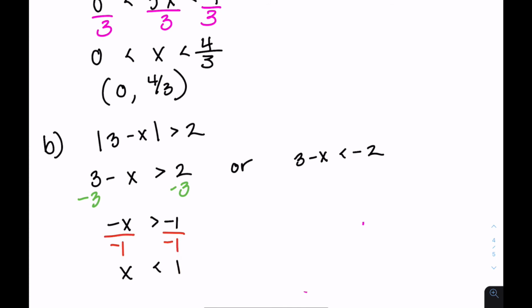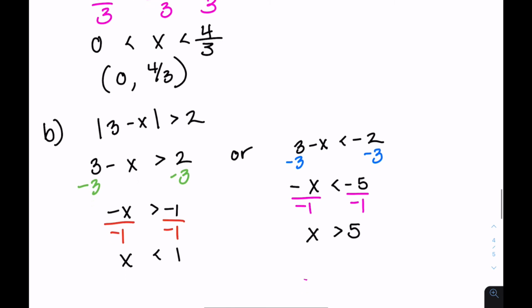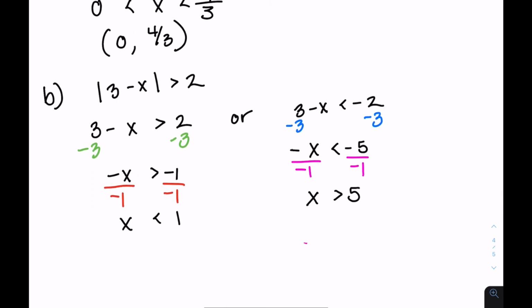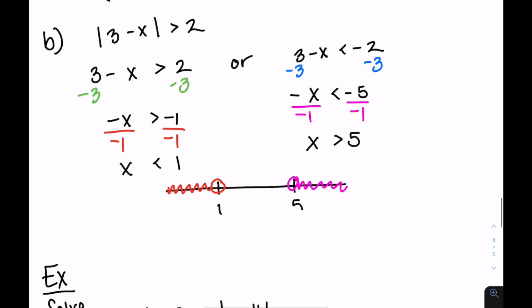Divide by negative 1, so you have to flip the inequality sign. Same thing over here, subtract 3, divide by negative 1. We have 2 solutions or 2 intervals that will work. X is less than -1 or x is greater than 5. So if you plot this on a number line, you can't equal those endpoints, but anything outside will work. So we can go from negative infinity to negative 1 or from 5 to infinity.